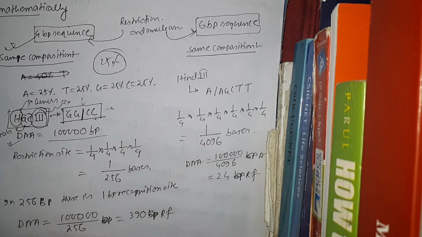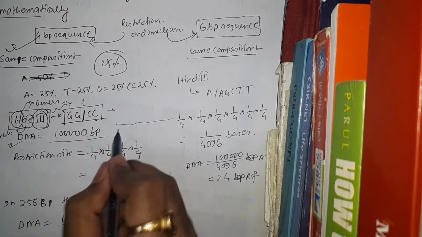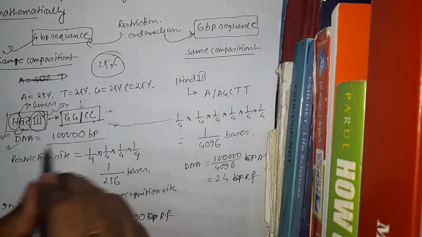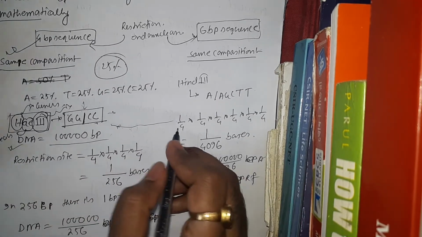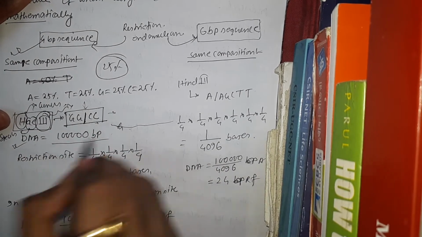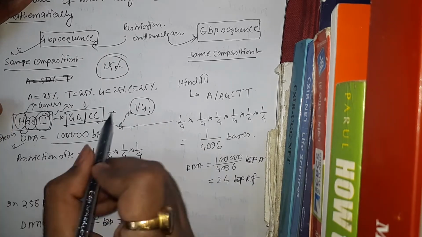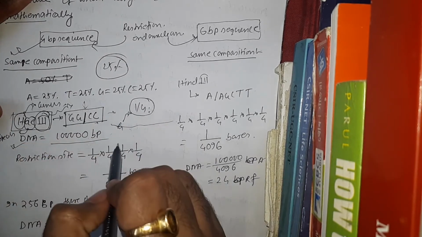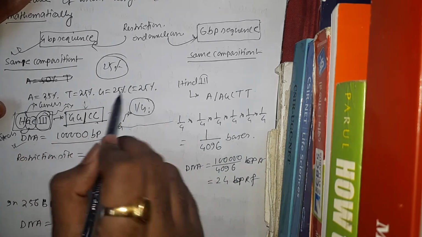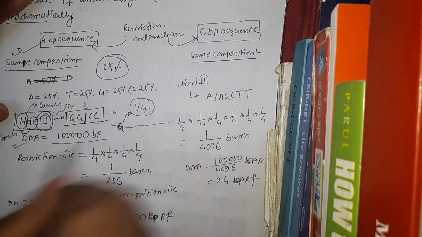Suppose this is the overall DNA molecule of 1 lakh base pair, and here the probability of G occurring is 1 by 4. Why? Because we have 4 nucleotides, and according to the rule of probability, as all are in equal amounts, the probability that G will occur is 1 by 4.